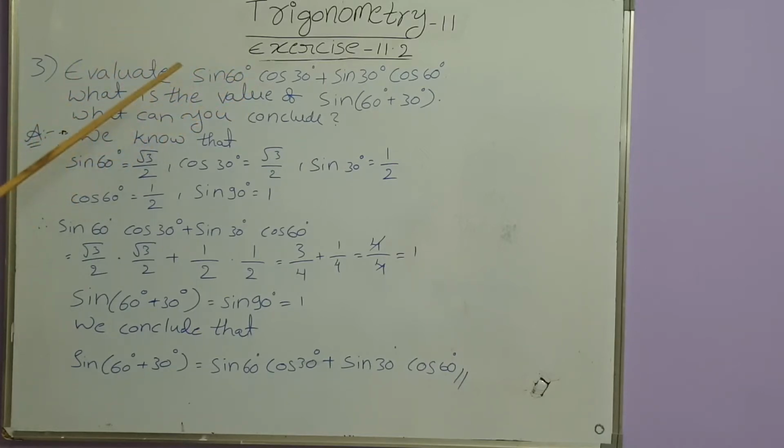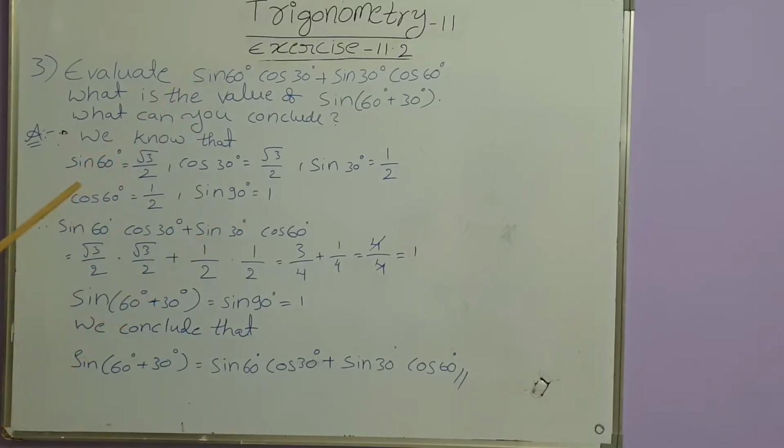Remember this, sin 60 degrees value is equal to cos 30 degrees, that is root 3 by 2. And sin 30 degree value is 1 by 2, and cos 60 degree value is also 1 by 2. These two terms are equal, sin 60 degrees and cos 30 degrees. And sin 30 degrees is equal to cos 60 degree value.